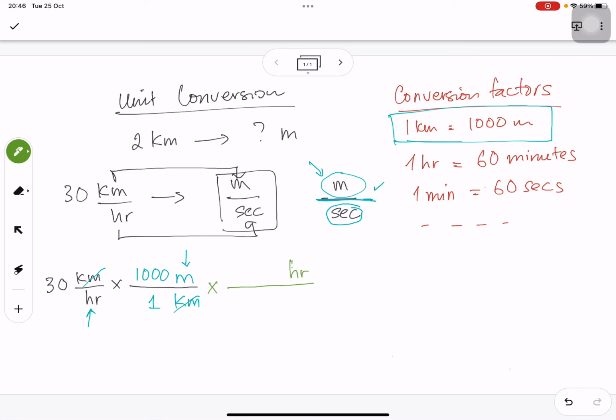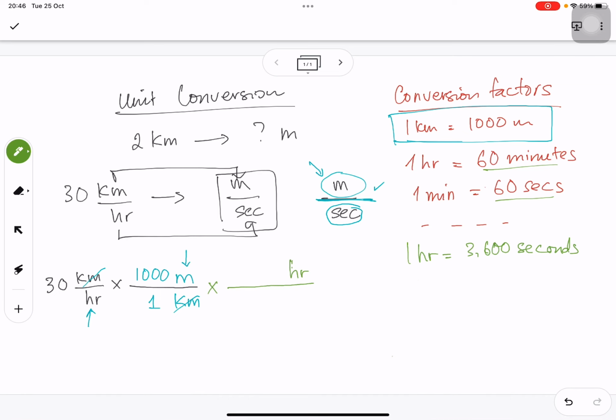We also know that 1 hour has 3,600 seconds, and you can quickly find this out because 1 hour has 60 minutes and 1 minute has 60 seconds, so you multiply 60 with 60 and you get that answer.